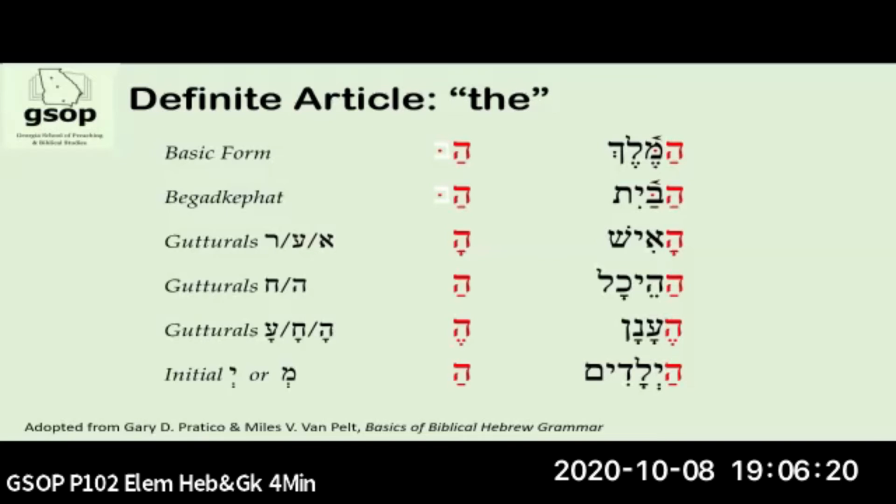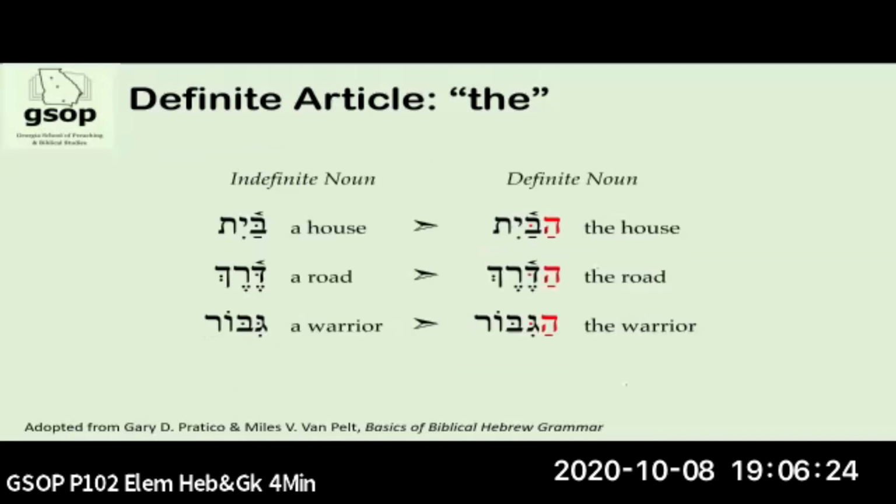The basic form is shown there, and also as we just did in the previous, these are all begadkefat letters, right? A house, a road, a warrior, that's the bet, the dalet, the gimel, those are all begadkefat letters. They have either the dot, the dagesh lene in it, or they don't. If they don't, it's a soft sound. If they do, it's a hard sound.